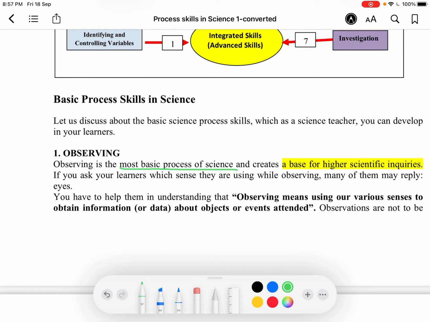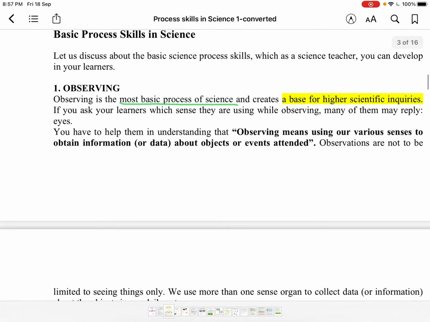Scientifically, information is known as data about the different objects or events which we want to attend. So observing means using our various senses to acquire information about any object or group of objects or events which we want to learn properly. So this is about observation.